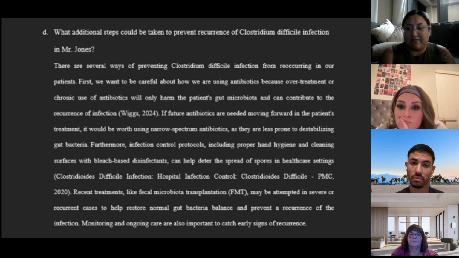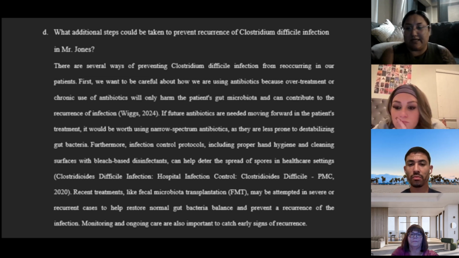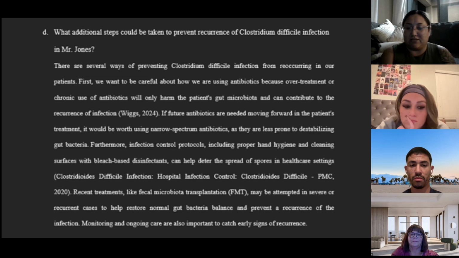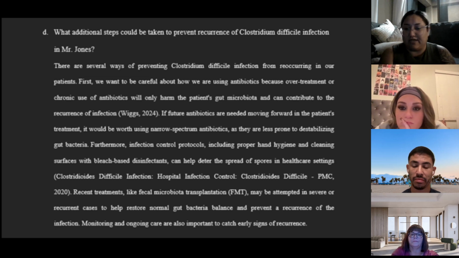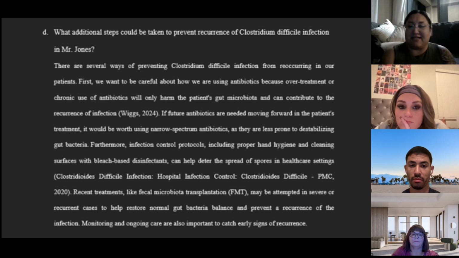Recent treatments like fecal microbiota transplantation may be attempted in severe or recurrent cases to help restore normal gut bacteria balance and prevent a reoccurrence of the infection. Monitoring and ongoing care are also important in catching early signs of reoccurrence.